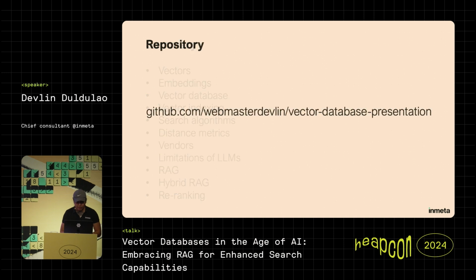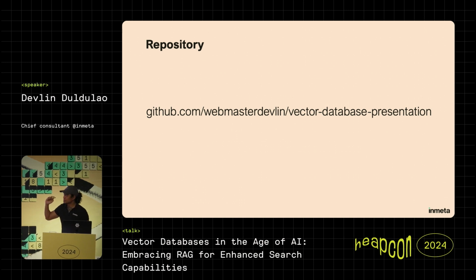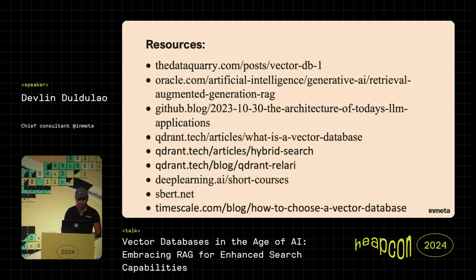I don't have much time. This is the repository for the vector database representation. You can take a picture of this if you want. You don't have to run it because the response is also there. That's what's good about Jupyter. Resources: it's also very interesting to read this because this is the future of our development.